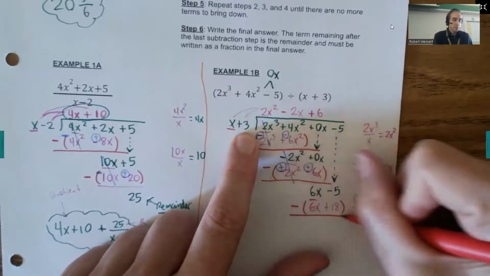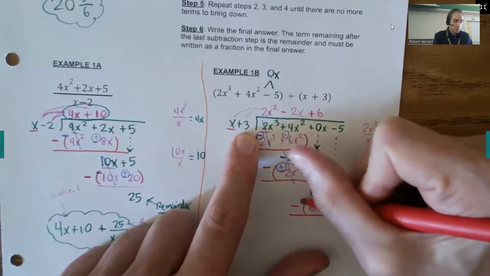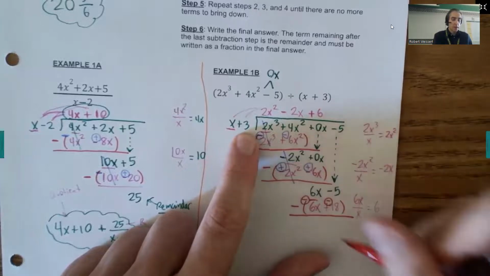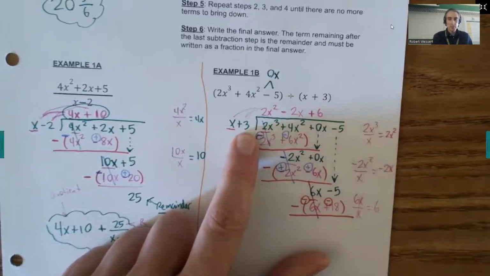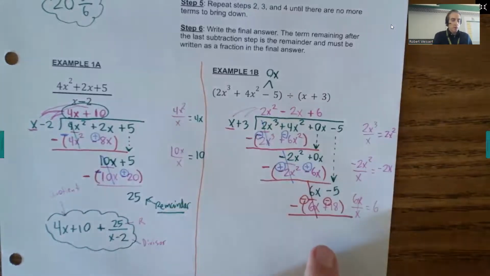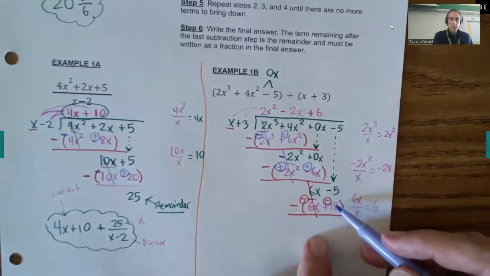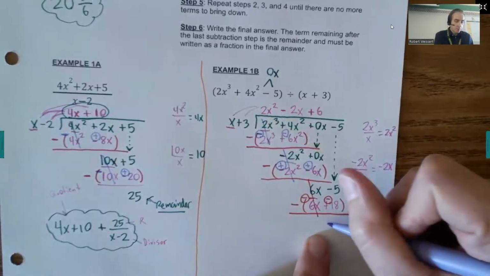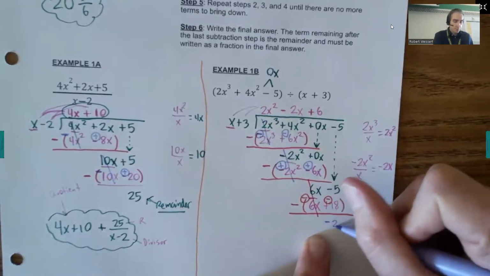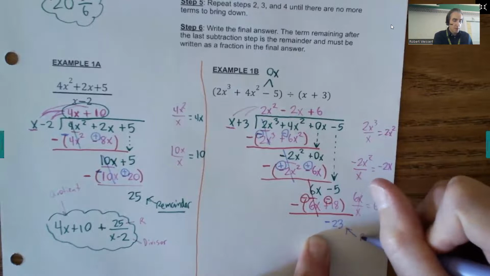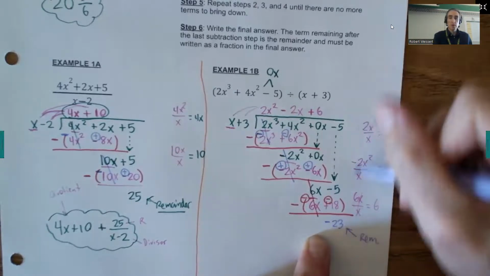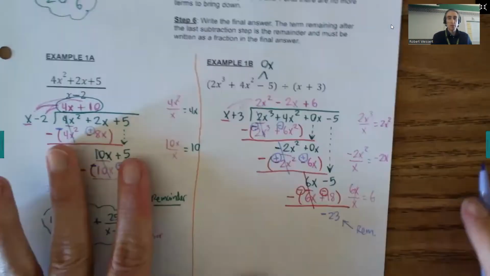Subtract. Distribute your negative. So these are both positive, they'll become negatives. Those will cancel. And negative 5 minus 18 is negative 23. That's your remainder. Since we don't have another term to bring down, you have your remainder.